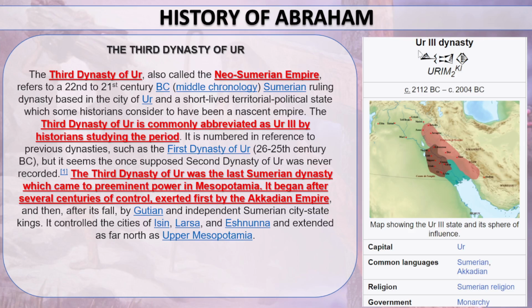The third dynasty of Ur, also known as the Neo-Sumerian Empire. The third dynasty of Ur is commonly abbreviated as Ur III by historians studying the period. The third dynasty of Ur was the last Sumerian dynasty which came to prominent power in Mesopotamia. It began after several centuries of control exerted first by the Akkadian Empire. This is the Semitic conquest.